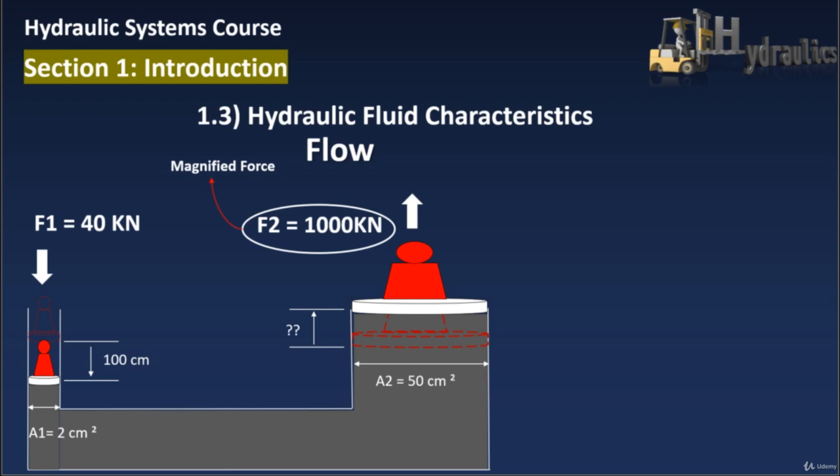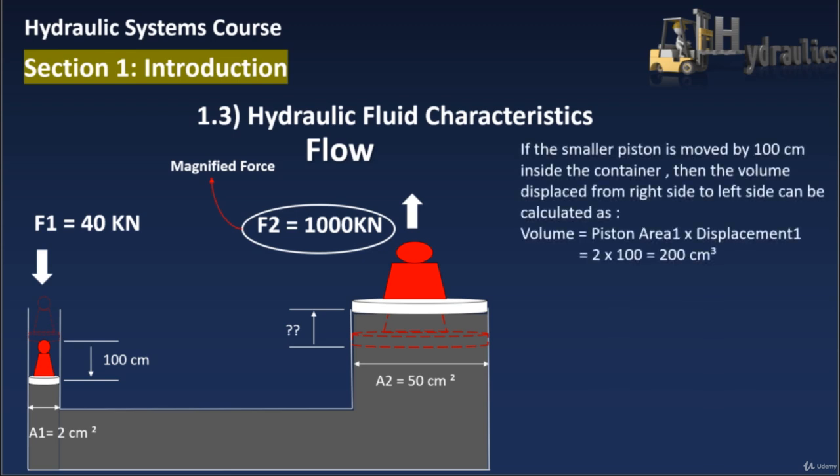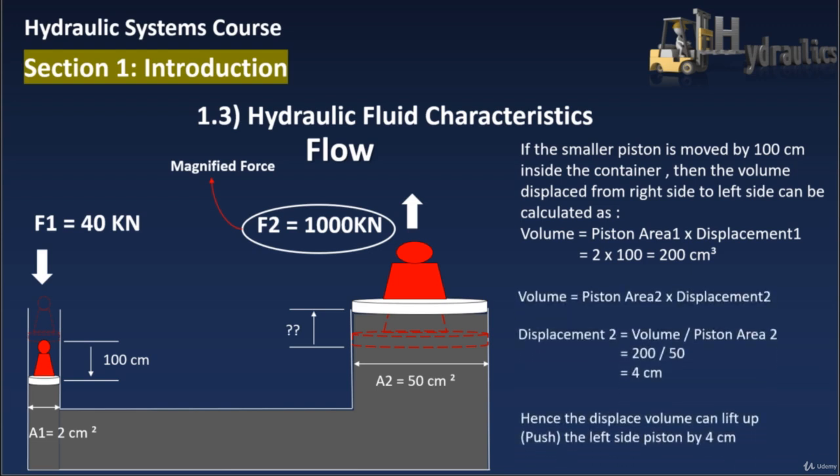To illustrate this, if the smaller piston on the right-hand side moves by 100 centimeters inside the container, then the volume displaced can be calculated as volume equals piston area times displacement. The piston area is 2 centimeter square by 100 centimeter displacement, resulting in a volume of 200 centimeter cubic.